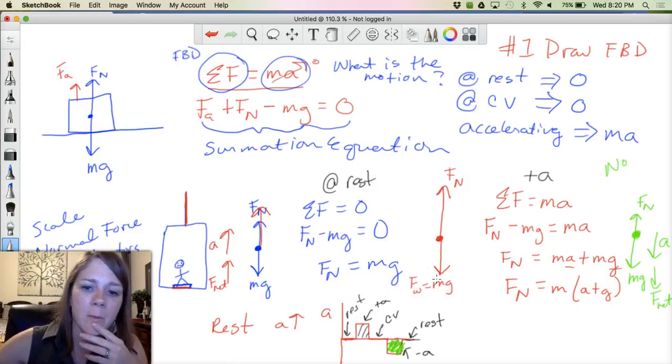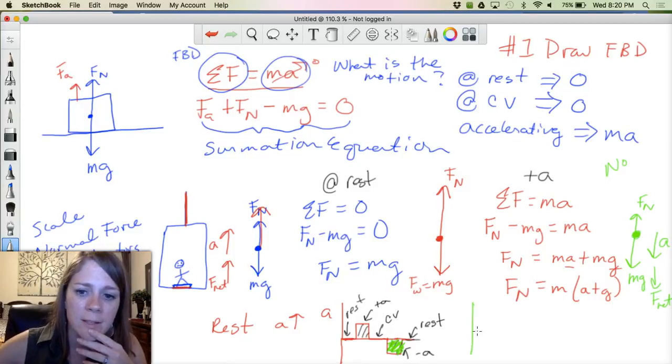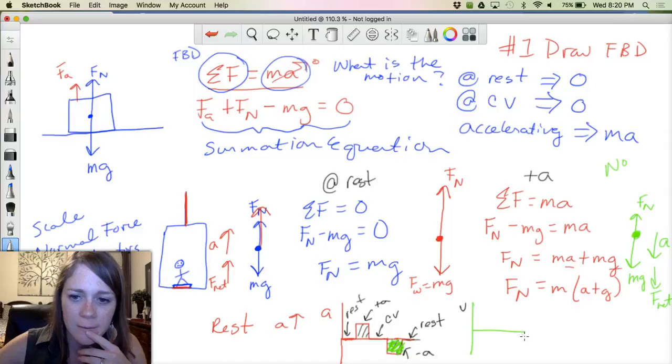So if I were to draw the velocity time graph for this situation, what we would see is that, let's see, we're at rest at the beginning. So the initial velocity would be 0. Here I have a constant positive acceleration, so I'm going to increase my velocity at a constant rate.